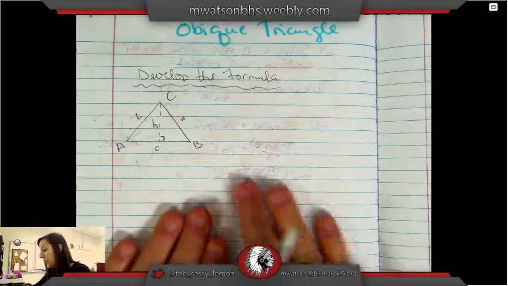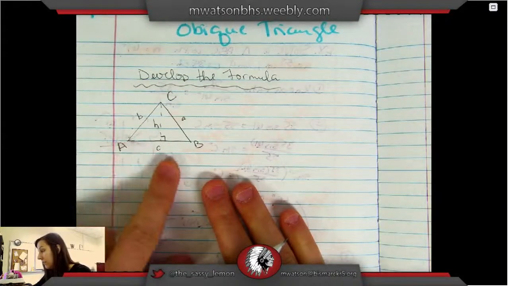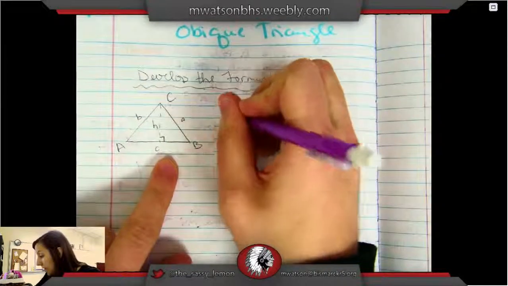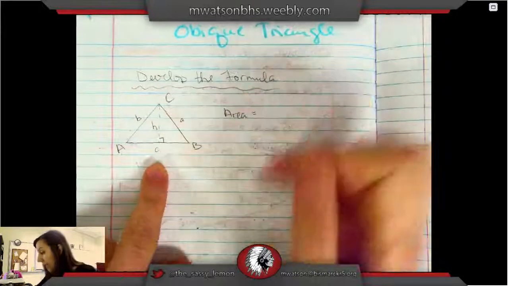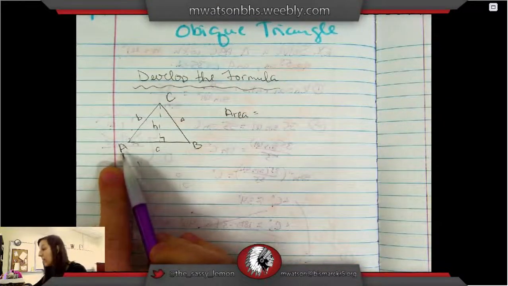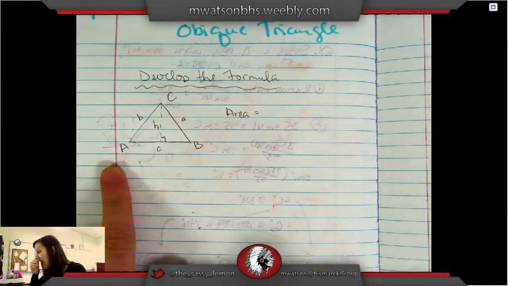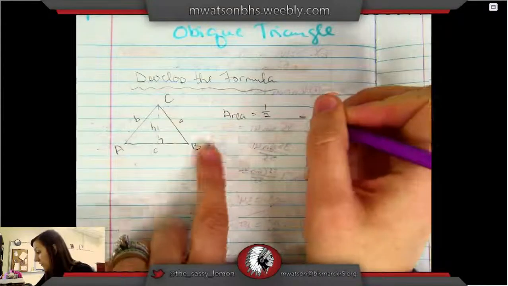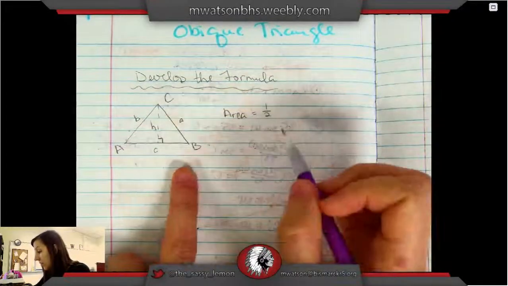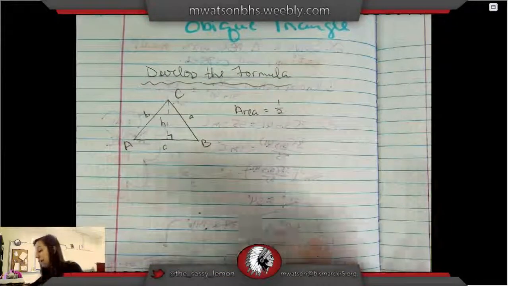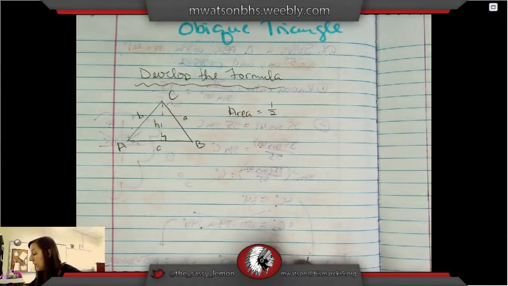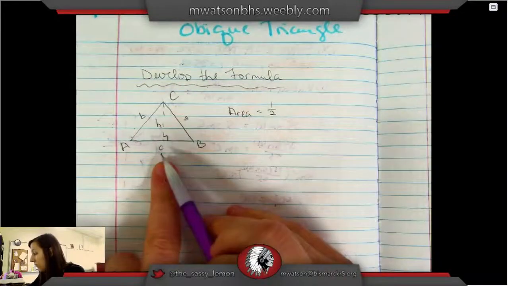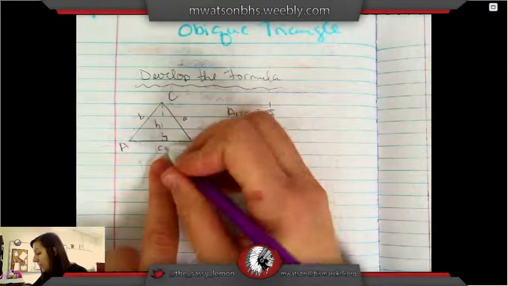So what do we do to develop the formula to find this area? Well, the area, and we're going to write out the word instead of just A, because otherwise we might confuse that with this vertex. We're going to say that the area is equal to 1/2, because area for a triangle always includes a 1/2, and then the base, which is c.